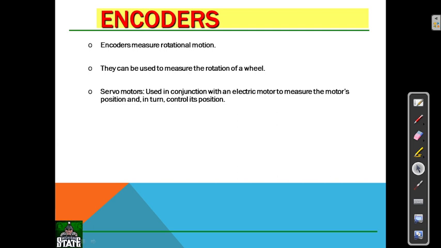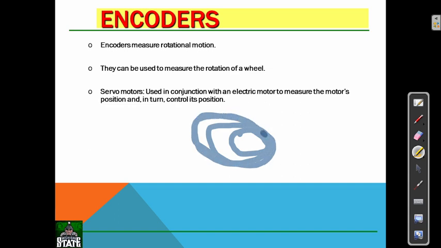Then the encoders measure rotational motion. They can be used to measure the rotation of a wheel, to calculate how many rotations have happened in that particular system.